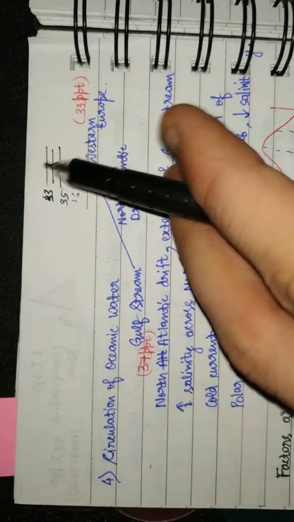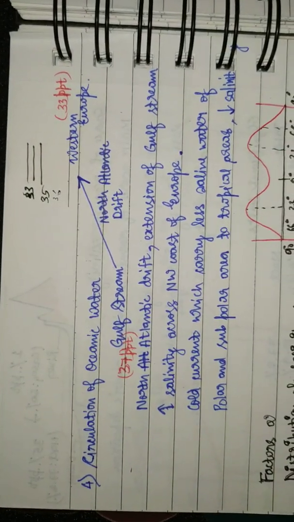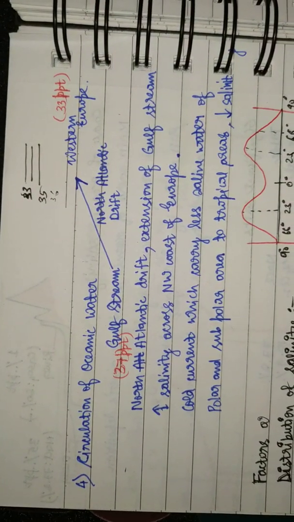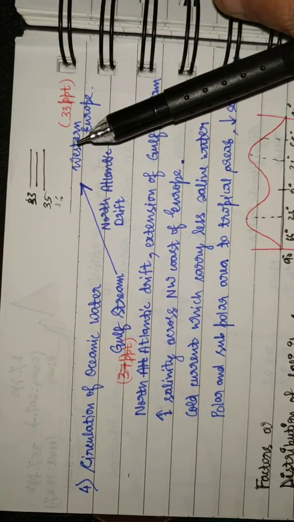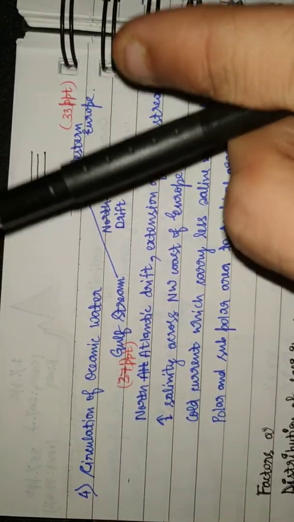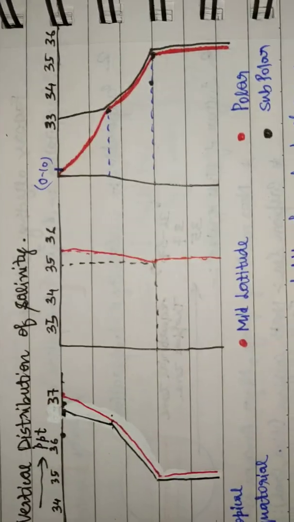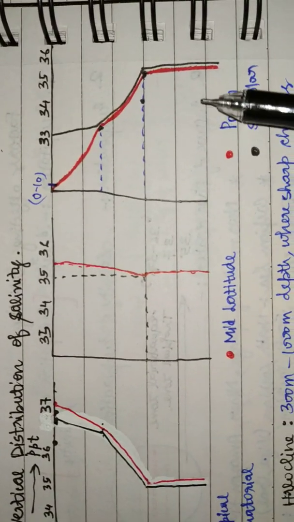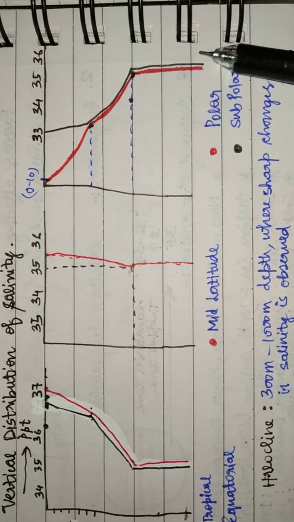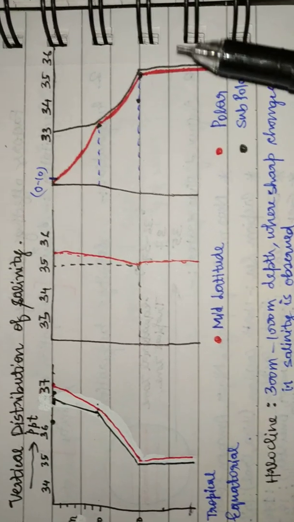Since this stratification is there, and this stratification dominates over the evaporation lead photic part in the polar and subpolar region, hence we have this graph of increasing salinity.